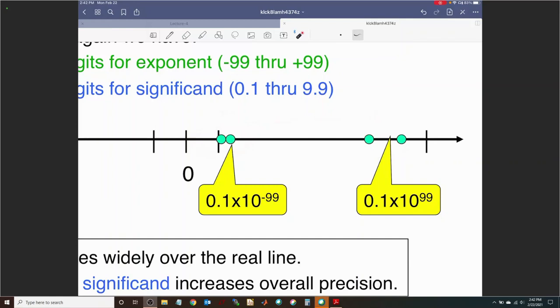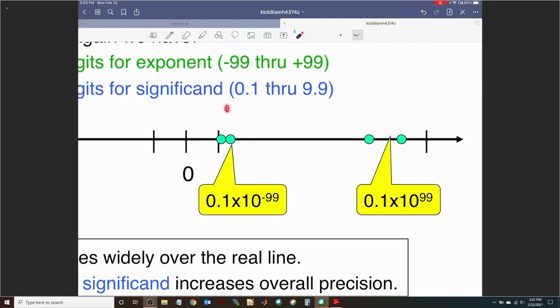Well, that is simply going to be 0.1, which is the smallest change we can have in the significand, times 10 to the 99, because to represent really large numbers, you would need the largest exponent. So the difference between two adjacent values over here is pretty large, in this case 10 to the 98.